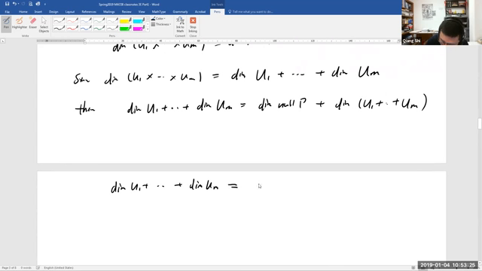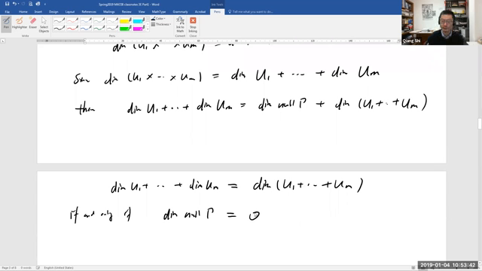So if you want this equal to this, it is if and only if the dimension of the null space of gamma is equal to 0. But if this is equal to 0, then of course the left-hand side is equal to the right-hand side, just the single dimension of U1 plus U2 up to UM, and then vice versa, right?